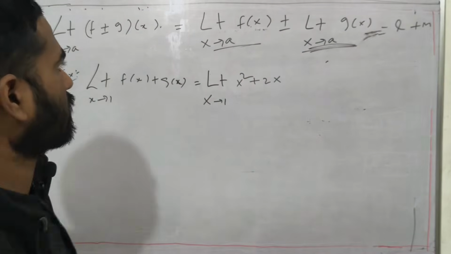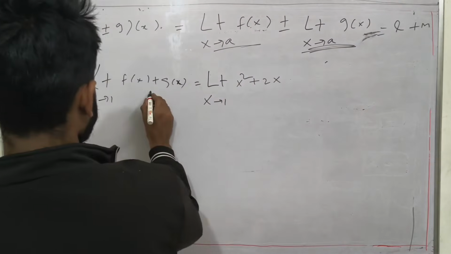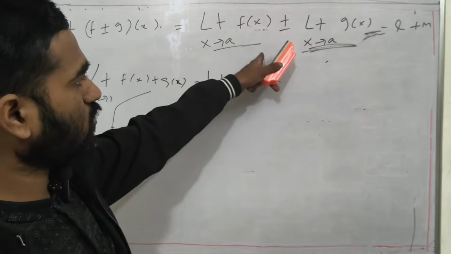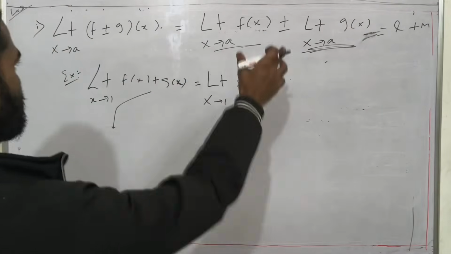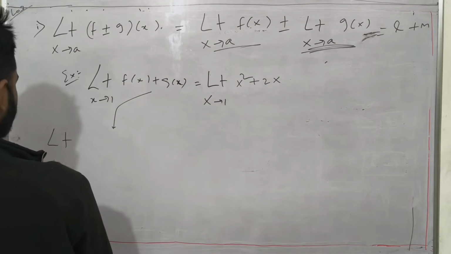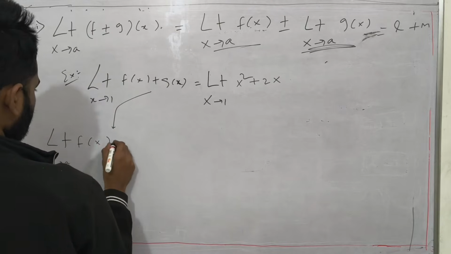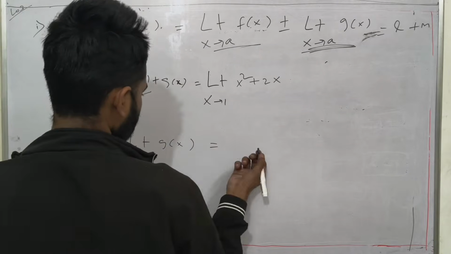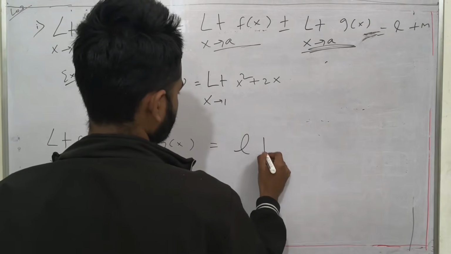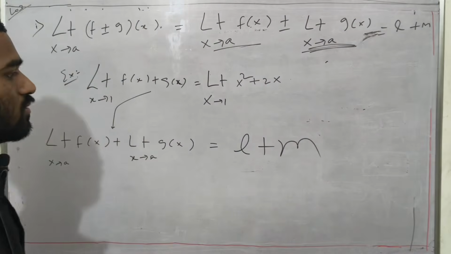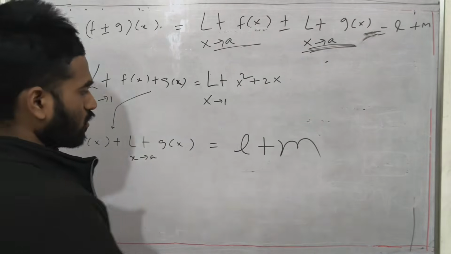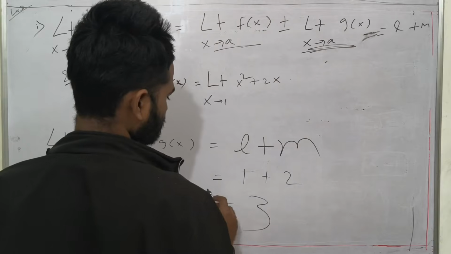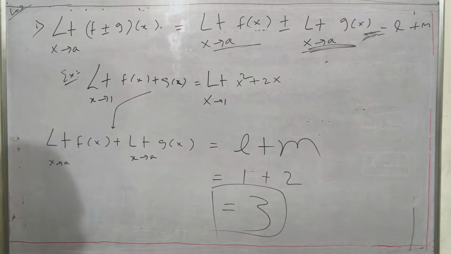Since both limits exist, we can write limit x tends to a of f(x) plus limit x tends to a of g(x), which equals L plus M. We got L equals 1 plus M equals 2, so the answer is 3.